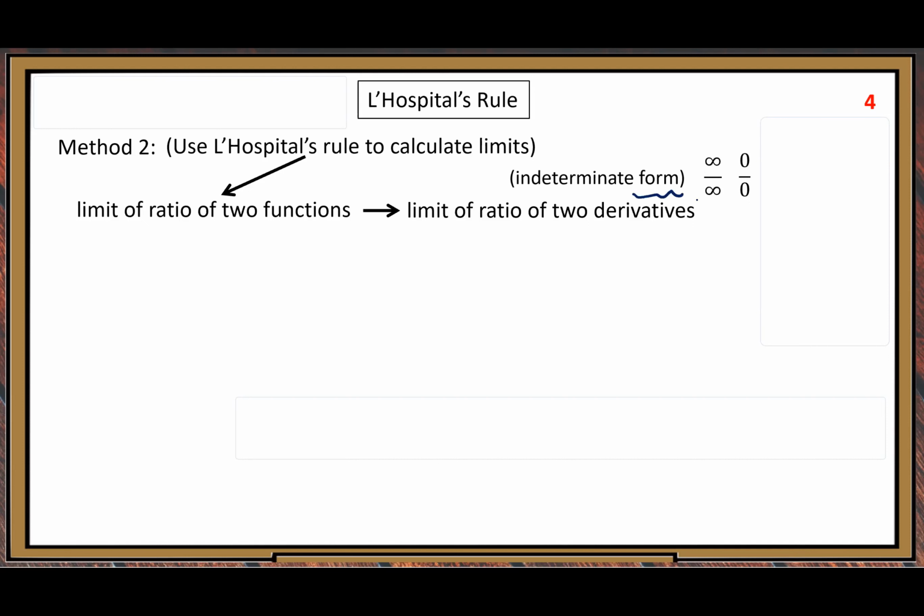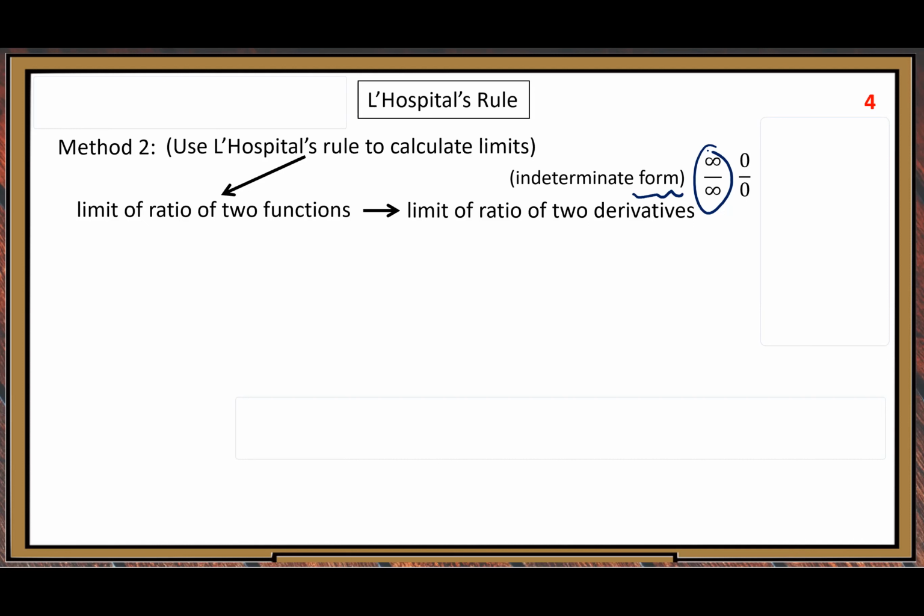That's not something we really calculate. Nobody can calculate infinity over infinity. It just represents a special form: a ratio of two functions where the numerator function approaches infinity and the denominator function also approaches infinity. You can think about why we call this an indeterminate form.